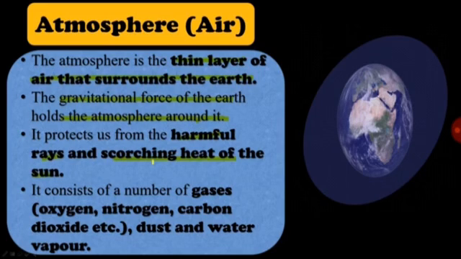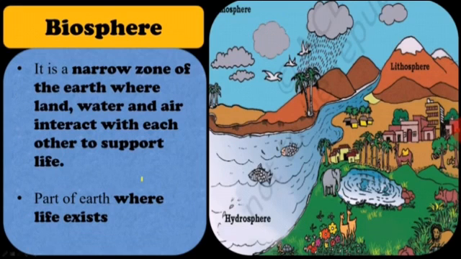It means the UV rays from the sun which fall on the earth, the ozone layer is the one that protects us from them. It also consists of numerous gases, that is oxygen, nitrogen, carbon dioxide. These gases are important for living beings, for life. And this atmosphere also includes dust and water vapors. So this atmosphere which surrounds the earth is very important.